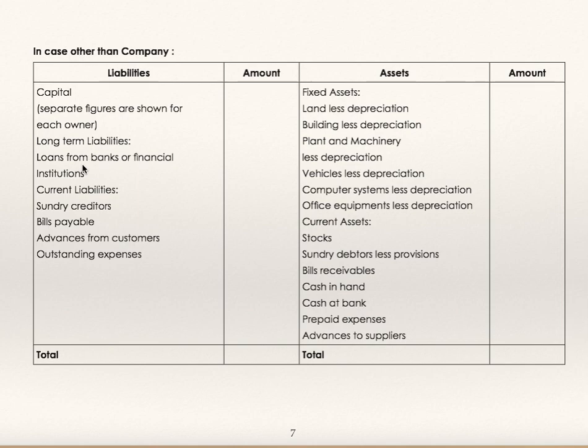Long-term liabilities are loans from banks or financial institutions. Current liabilities include sundry creditors, bills payable, advance from customers, outstanding expenses, and the total. Fixed assets are the various fixed assets less depreciation, tangible as well as intangible, followed by current assets, the various current assets, and the total of assets should match the total of liabilities.